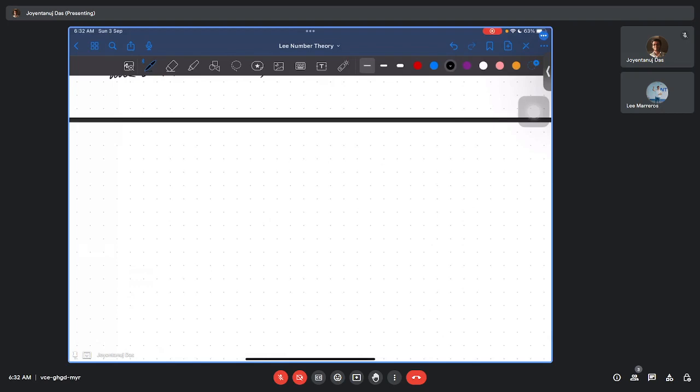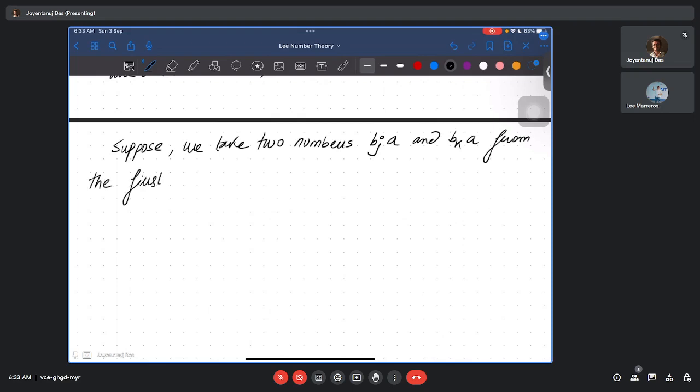Suppose we take two numbers, BJA and BKA from the first list, and assume that they are congruent.